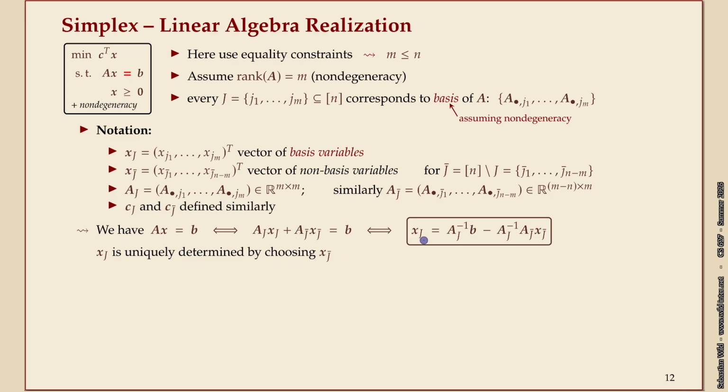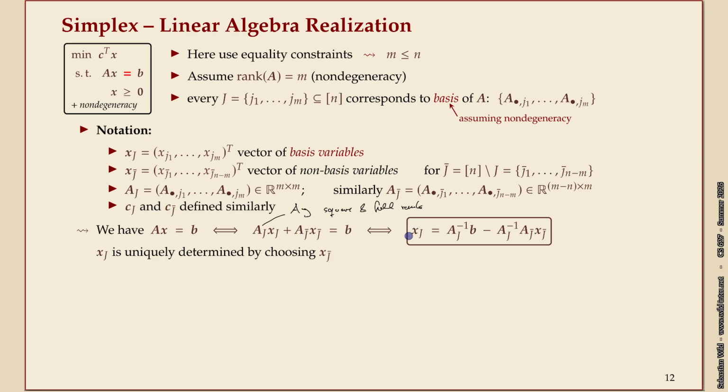Now this matrix AJ is square and has full rank, which means it's invertible. So you can find an inverse matrix, and you can multiply the equation from the left with this inverse matrix. Then these cancel to identity, and you can subtract this to the other side.